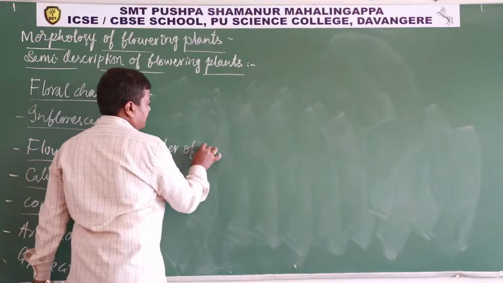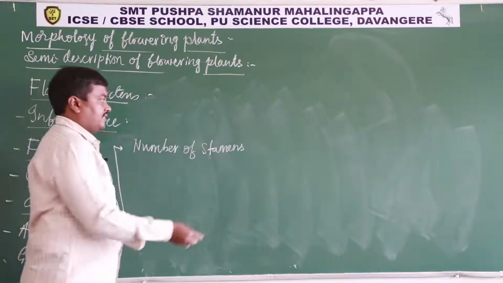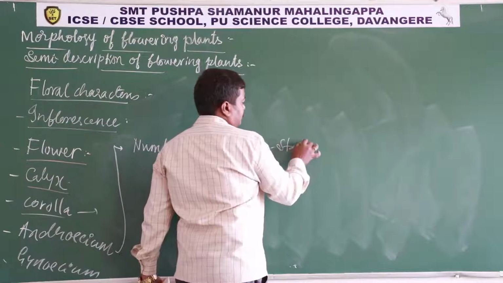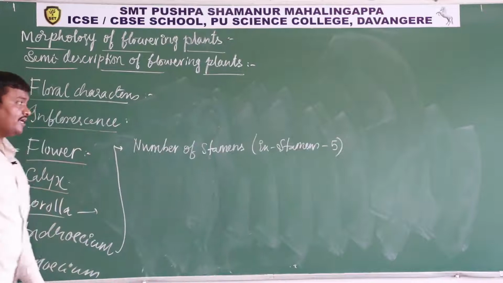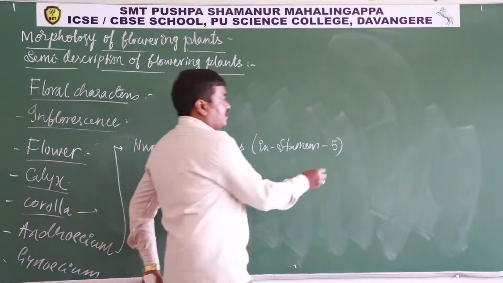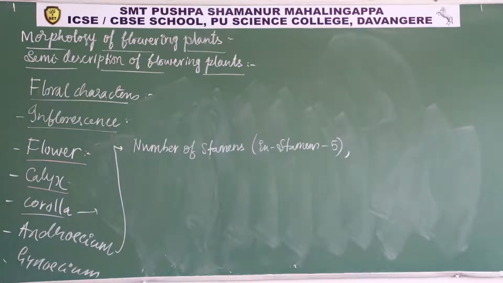Number of stamens. For example, stamens 5, like this. So the first character, stamens 5, you need to write. Then you need to mention whether the stamens are free or united.